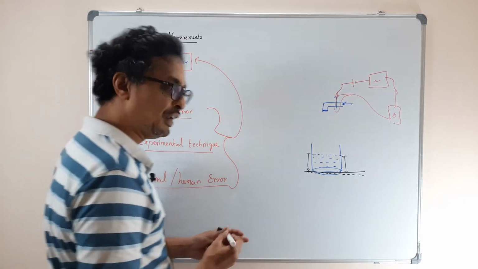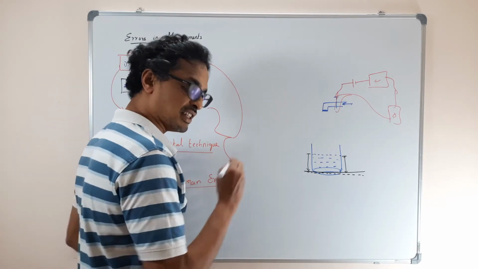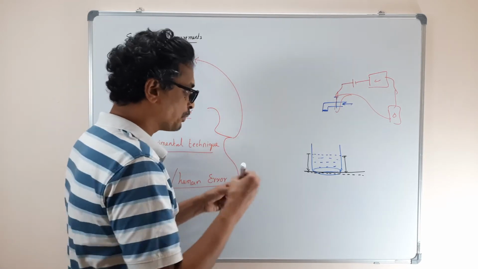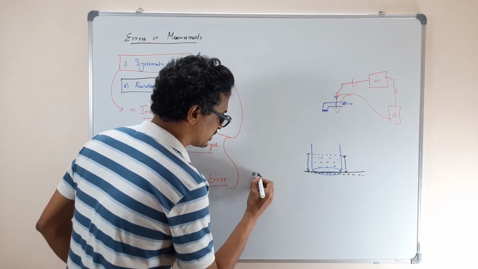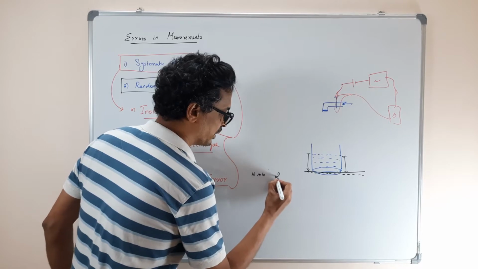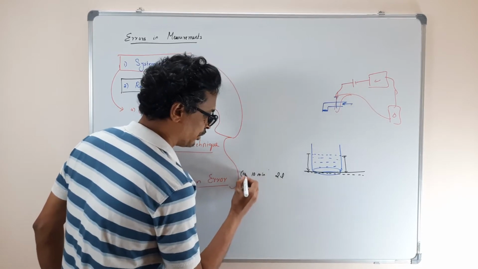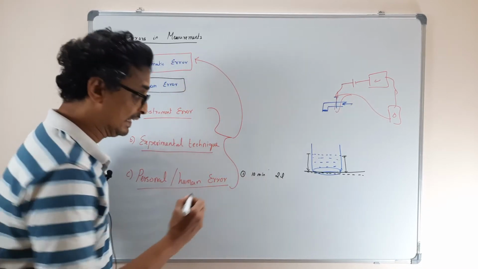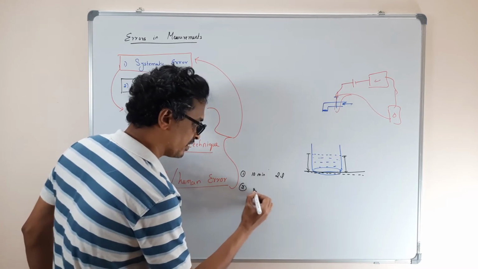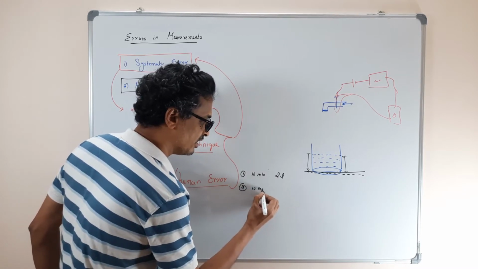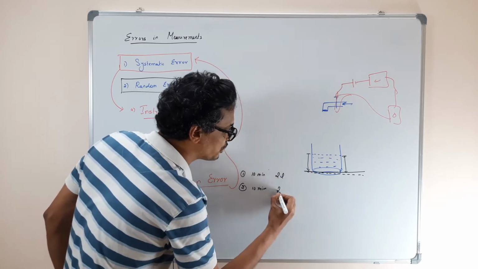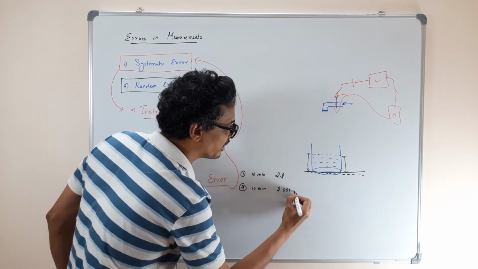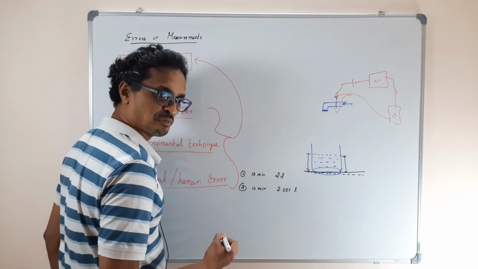Will you get exactly the same result all 10 times? Suppose your measurement gave 2 liters in 10 minutes when you do it for the first time. Second time, 10 minutes, you may differ slightly, 2.001 liters.